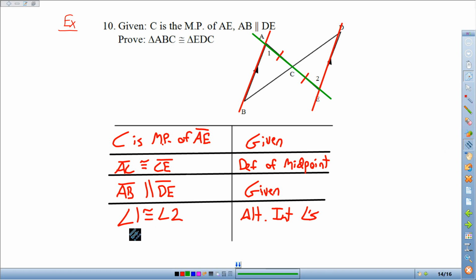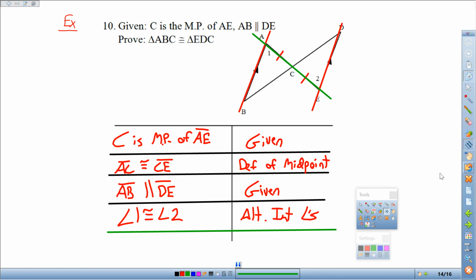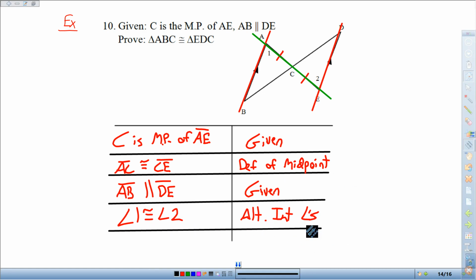Cool. So there's all our given information. I'm looking at my triangles and I'm noticing I only have two pieces of information on these. Actually, oh wait, I forgot to write in these angles. Now I have two pieces of information. I need one more thing, and yep, vertical angles. This angle is congruent to this one. Again, if I were doing this, I would probably start with the reason. There it is. Vertical angles.